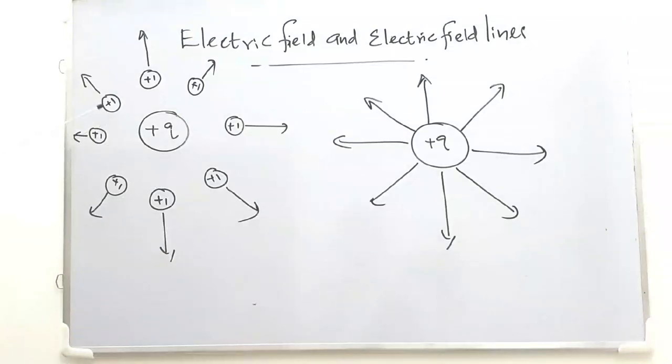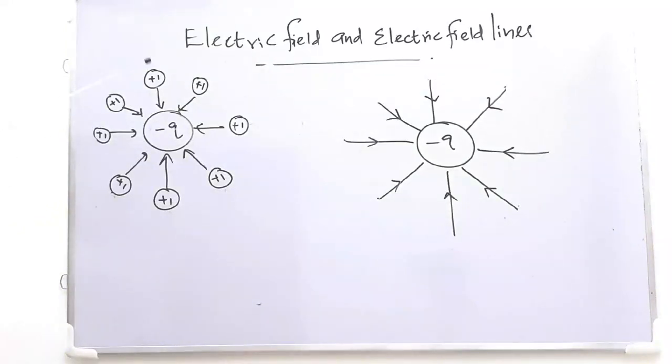Similarly, if you want to find out the direction of electric field at this point, place a plus 1 coulomb charge here, look into the direction of force experienced by it. So we get an idea of how the field lines are drawn. So it will be like this. So this plus q charge will be having field lines which are diverging away from the charge like this.